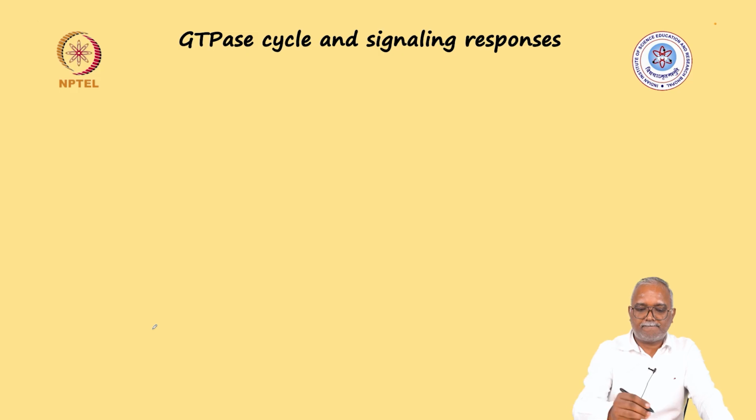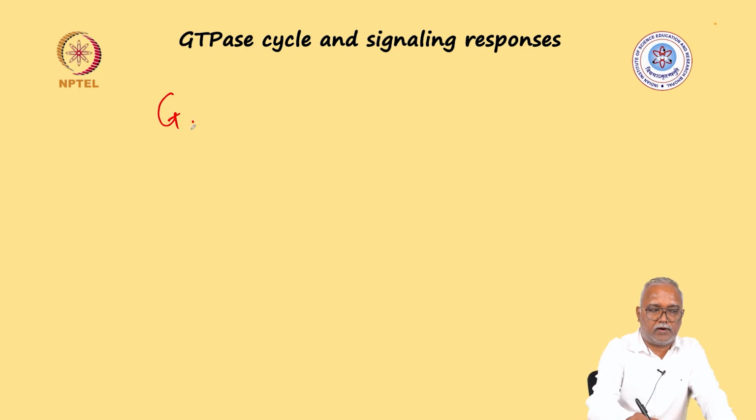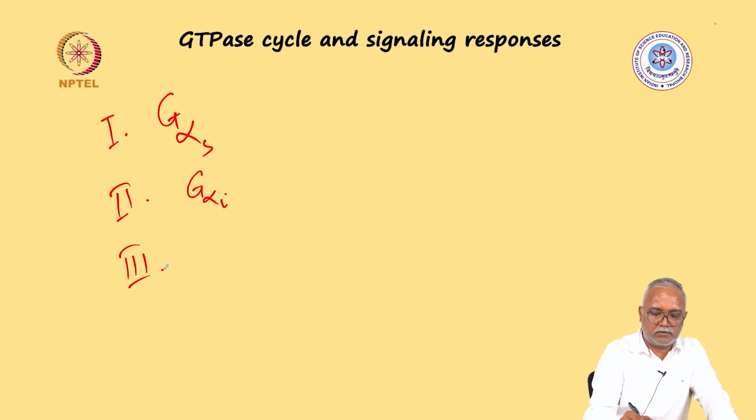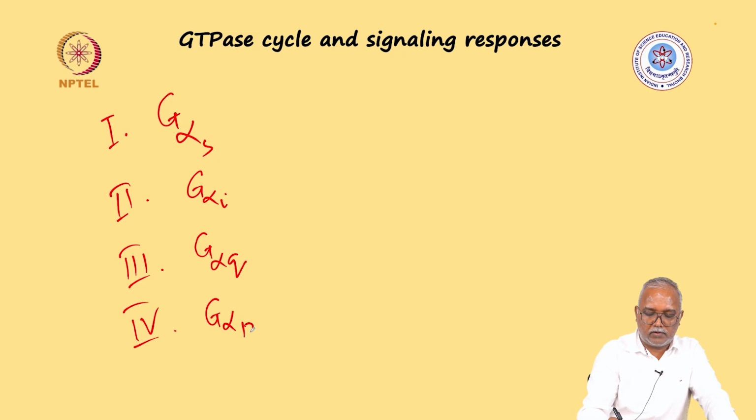So basically G-alpha-S can be considered as the first class, the second class is G-alpha-I, third is G-alpha-Q, and the fourth one is G-alpha-12, 13.